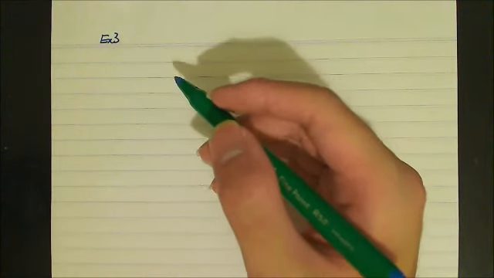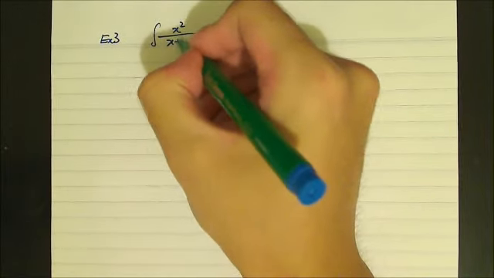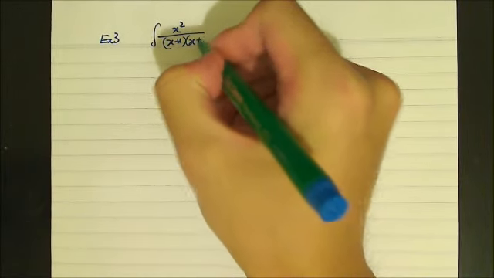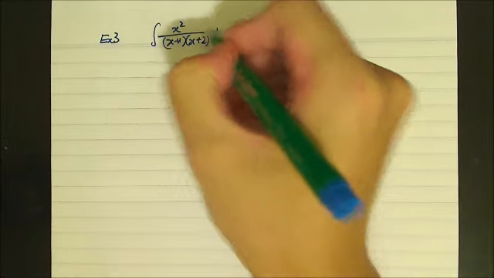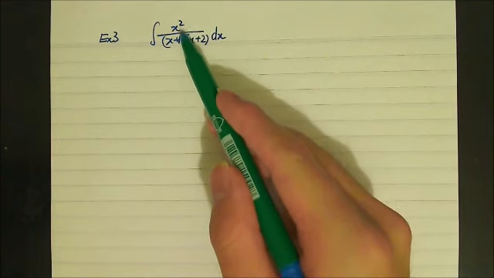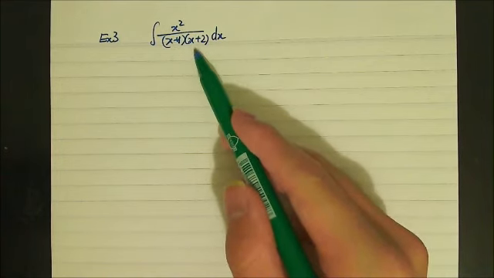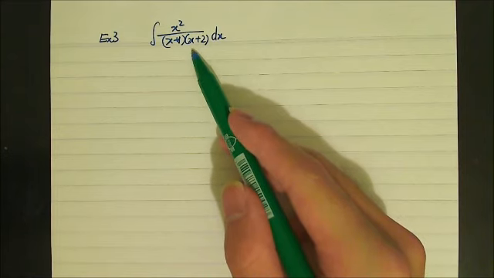In our final example, we want to integrate x squared over (x plus 1) times (x plus 2) dx. Now the first thing we notice is that x squared is degree 2 and our denominator is also degree 2, which means that we can't carry out the partial fraction process.